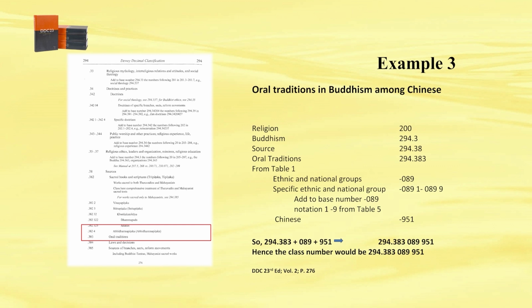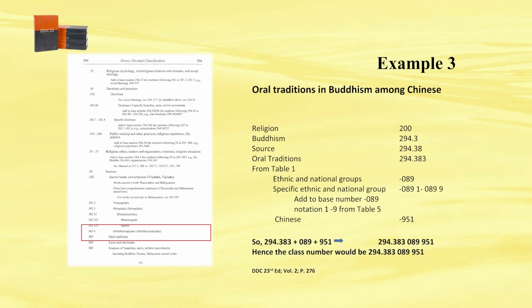Now we have to derive the number for the Chinese. We know that in Table 5 we will get the national or ethnic group, but there is no instruction under oral tradition to go for Table 5, so we have to bypass it. Naturally, the table which we can use on our own is Table 1. So we move to Table 1.